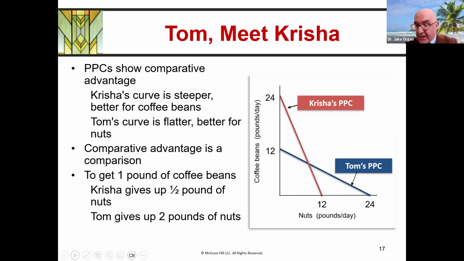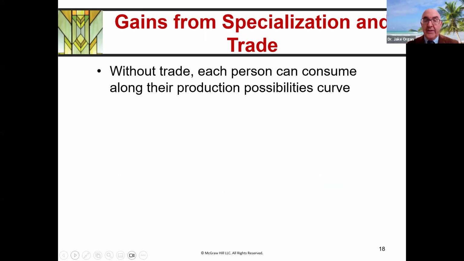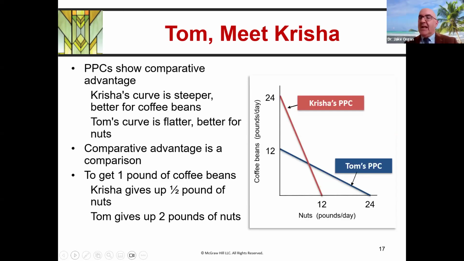And you can very much see it from this graph, and the other way around. Clearly Tom has a lower opportunity cost when it comes to producing nuts because he's only giving up half a pound of coffee. So if they both said, well, we're going to live in our own little world, I'll create my nuts over here and my coffee over there, and you'll create your nuts and coffee in a different place.